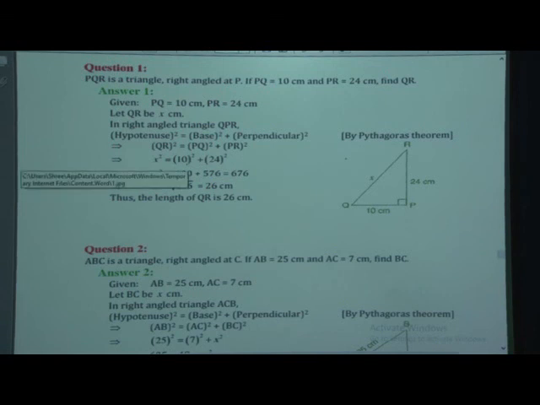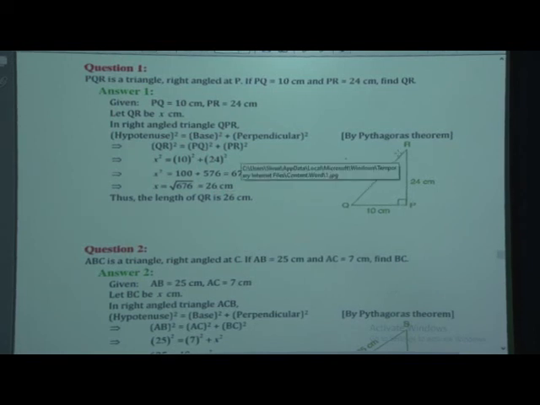Now you know the square of this. 10 square is 100 and 24 square, if you don't know, we have to multiply 24 multiplied by 24, which is nothing but 576. The sum is 676. You have to find out the square root, or as I told, by the prime factorization method, so you will get 26 centimeter.